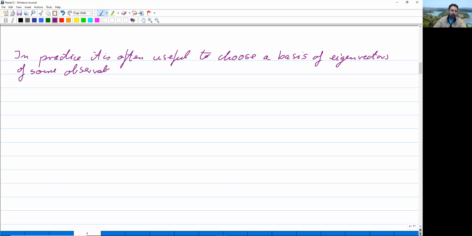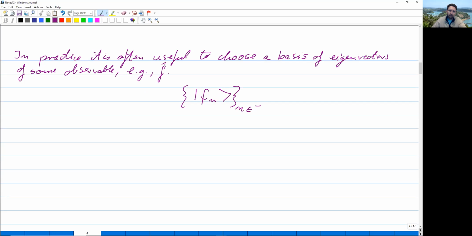Let's call it f hat, for example. So that basis could then be a basis of vectors that we may call fn. And then the n run through some index set I.